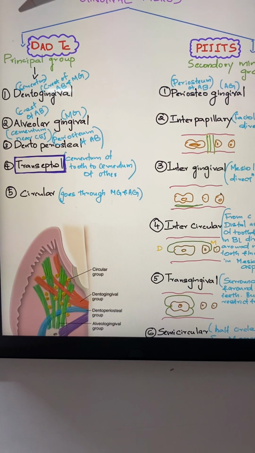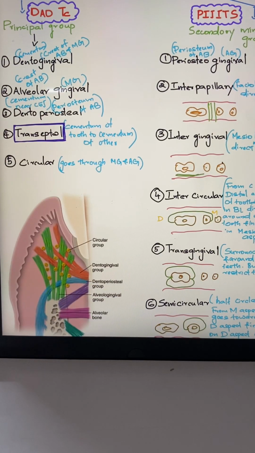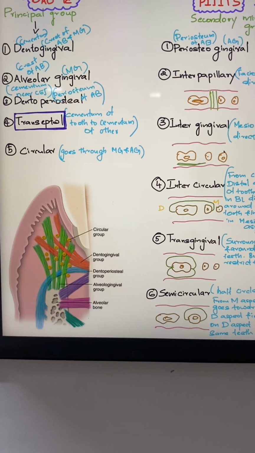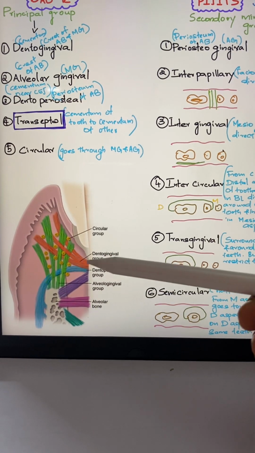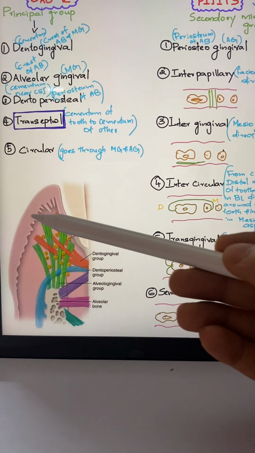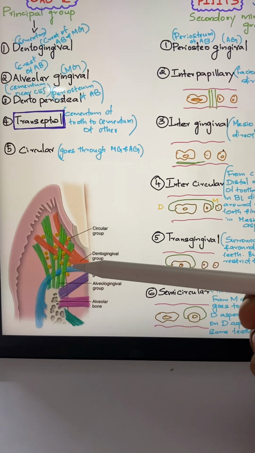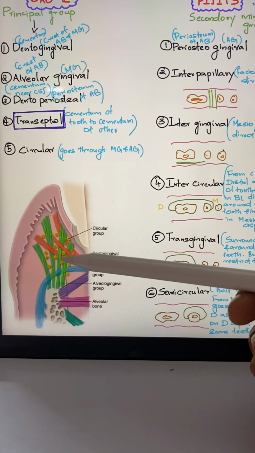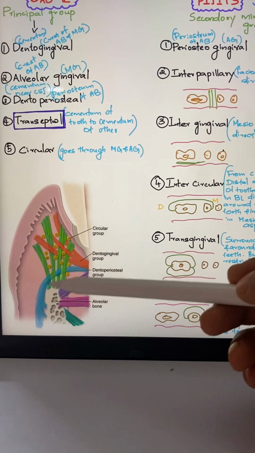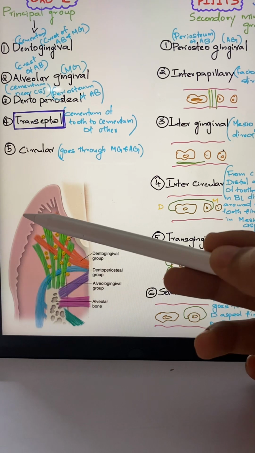First one is D, that is dentogingival. Dento means the tooth, gingival means gingiva. These dentogingival fibers start from the cementum and go to the crest of the marginal gingiva. Then the other is the alveolargingival, which starts from the crest of the alveolar bone to the gingiva.